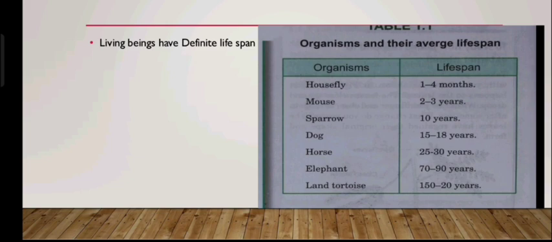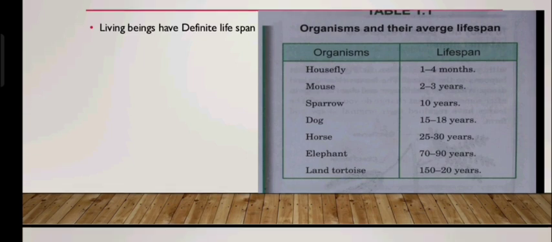All living organisms go through a life cycle including birth, growth, reproduction, and eventually death, and it signifies a finite or definite lifespan.